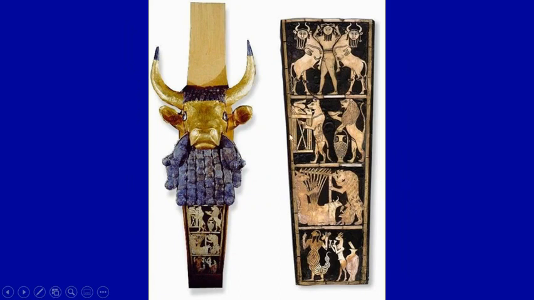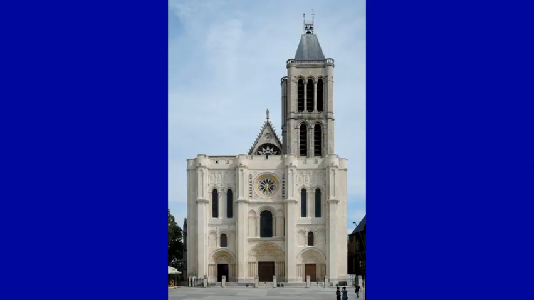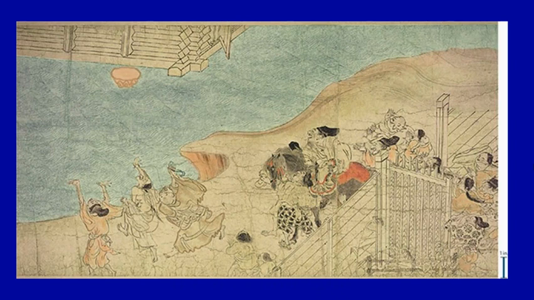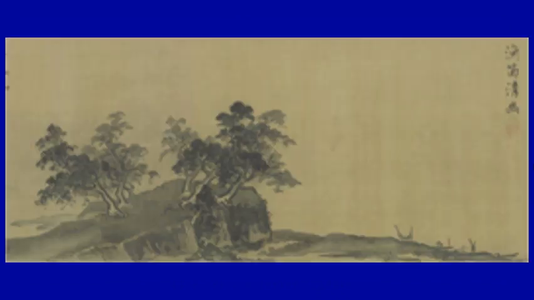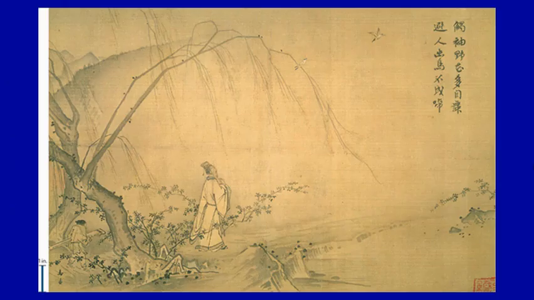I think we have some asymmetrical examples, and these lower two panels are asymmetrical. Especially the Gothic churches are very asymmetrical with their towers. And Asian art is very asymmetrical. All the weight is on the left side.